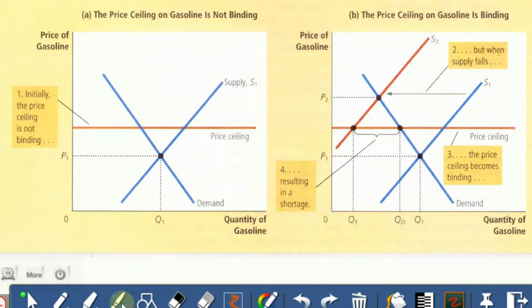Okay, look at this. The price of gasoline and quantity of gasoline here. This is the price ceiling. The price ceiling is set as a limit by the government. Suppliers cannot charge more than this price ceiling. But the natural price by supply and demand is determined below this price.